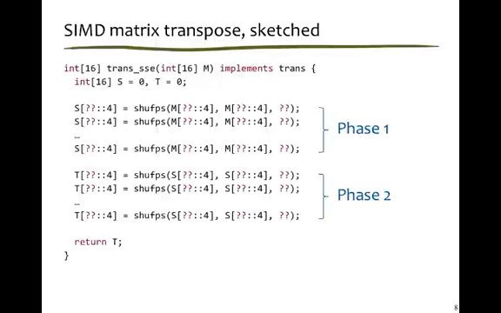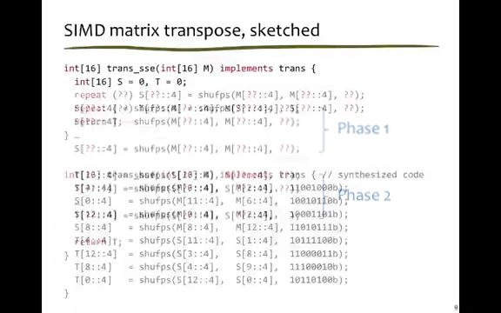Some bit vector of size 8. So we don't know how many of these shuffles we need. And phase 2 looks exactly like phase 1, except that our input matrix is going to be the result of the previous phase, and we don't know how many of these shuffles we need. And this is the output. Okay, so far so good.